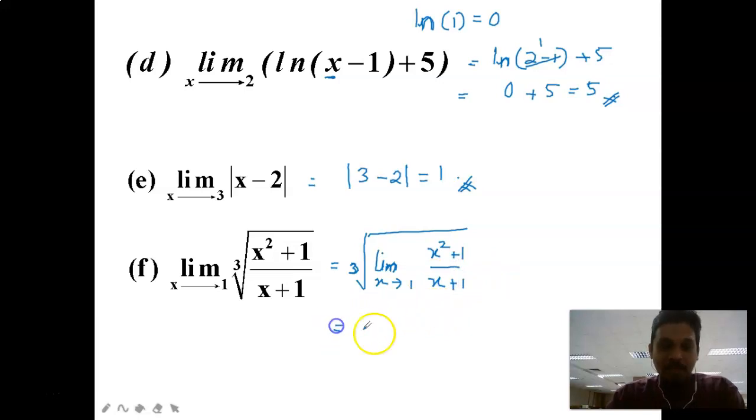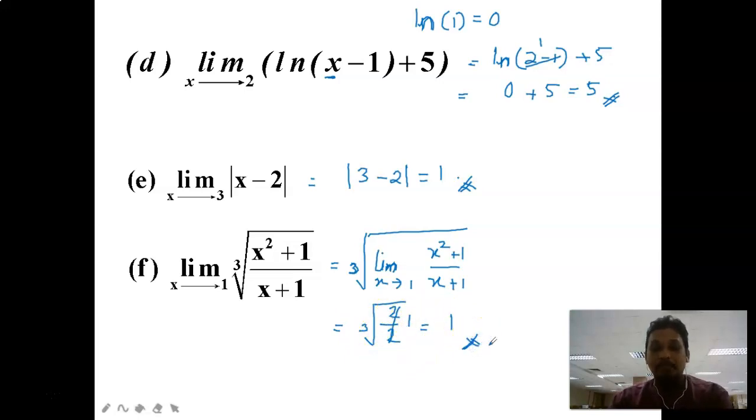So the cube root of, substitute x equal to 1: 1 squared is 1, plus 1 equals 2, and also substitute x with 1, 1 plus 1 equals 2. Then we get 2 divided by 2 equals 1, and the cube root of 1 still equals 1.